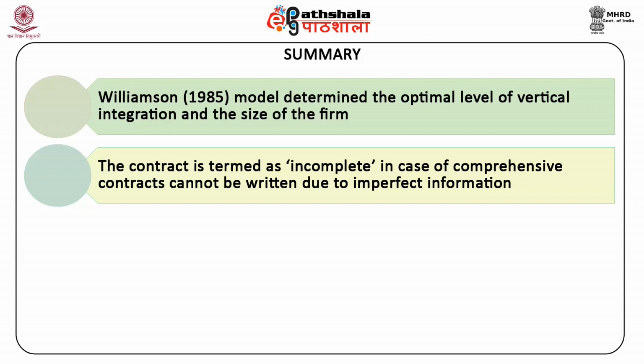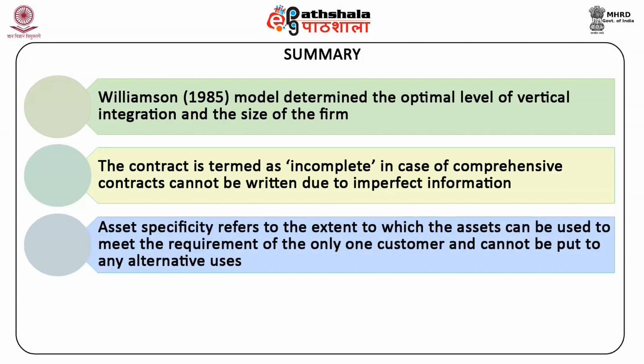the supplies. Asset specificity refers to the extent to which the assets can be used to meet the requirements of only one customer and cannot be put to any other alternative uses without compromising its production value.